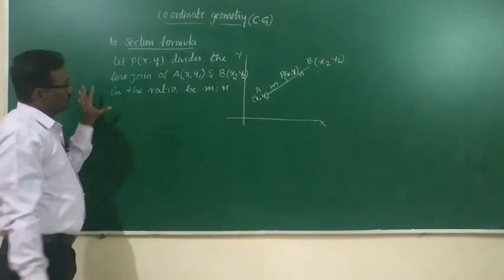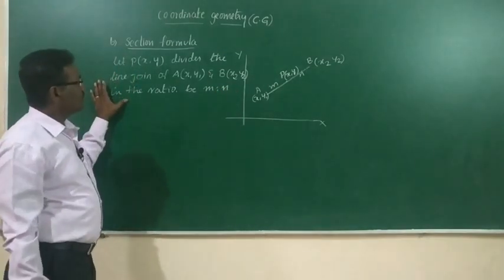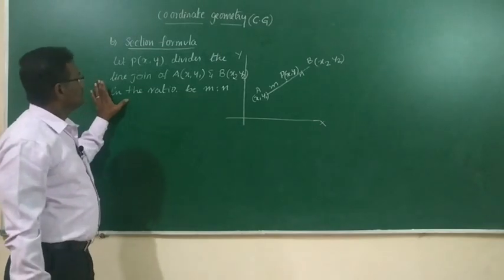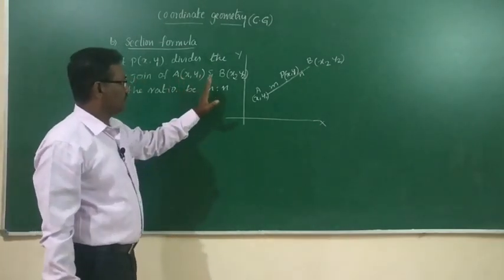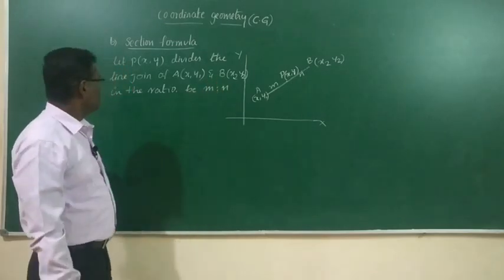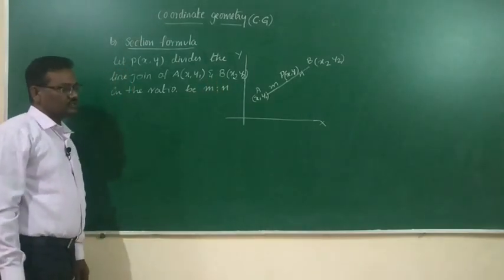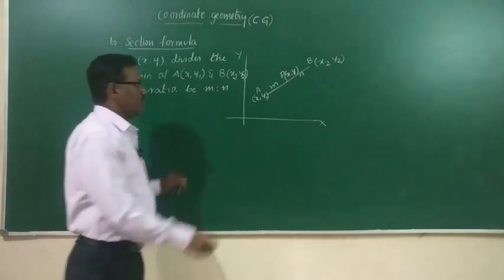Yes, this is the procedure we have taken here. Let P of x comma y divide the line segment joining A of x1 y1 and B of x2 y2 in the ratio m is to n.